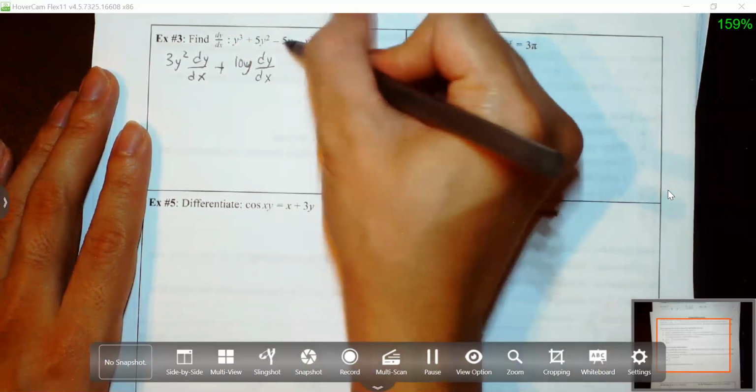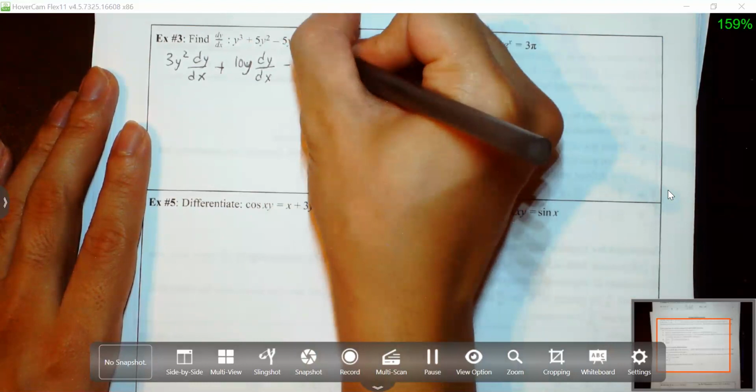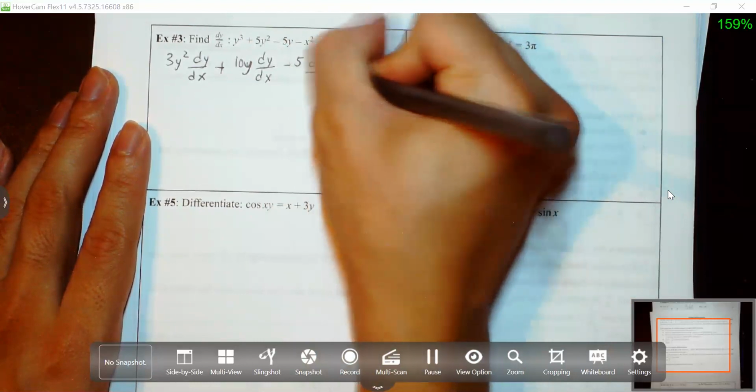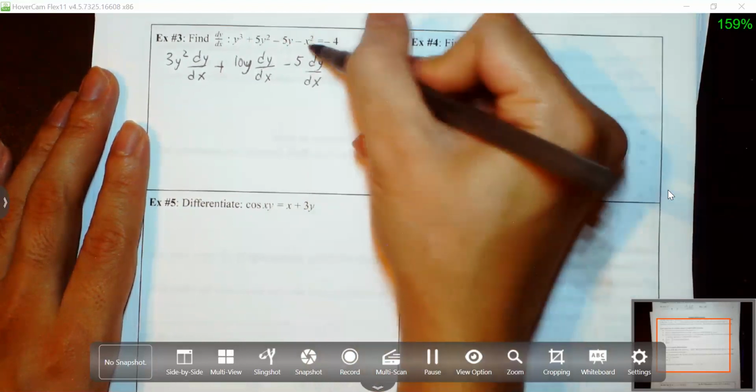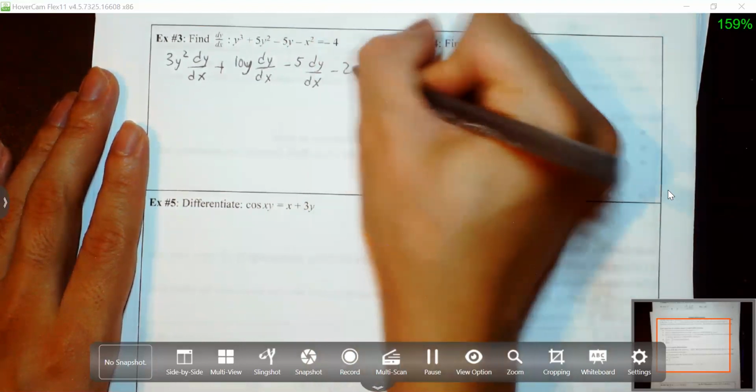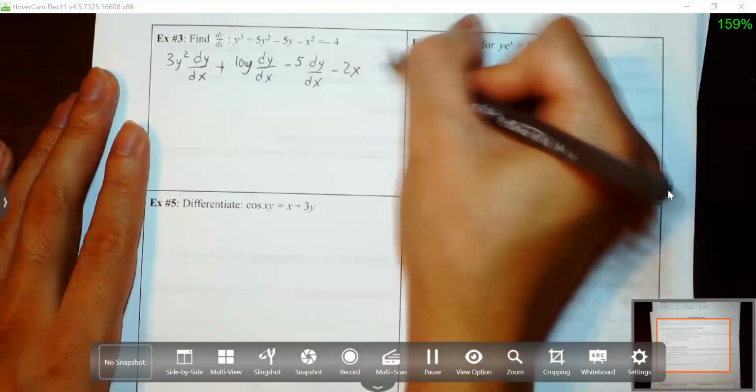The derivative of minus 5y is minus 5, but since this is a term with a y, I need to put dy/dx. Minus x squared is just minus 2x. There's no y term, so it's just normal. And the derivative of negative 4 is 0.